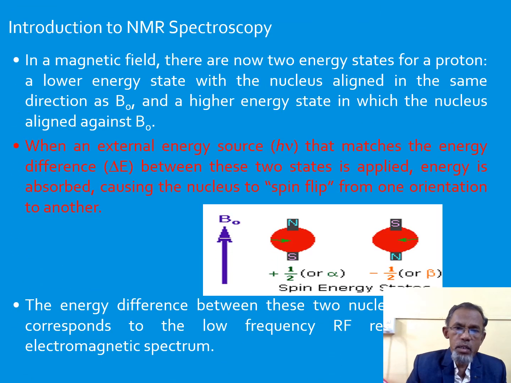In a magnetic field, there are now two energy states for a proton: a low energy state with the nucleus aligned in the same direction as B0, and a high energy state in which the nucleus is aligned against B0.